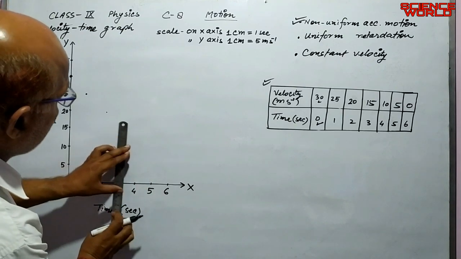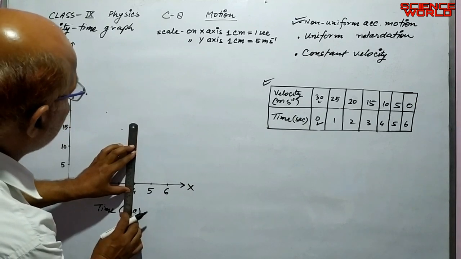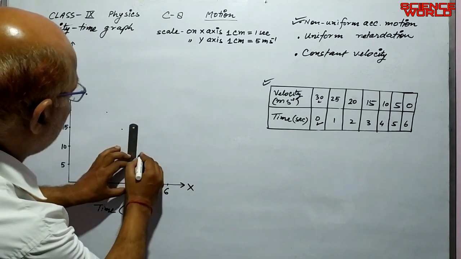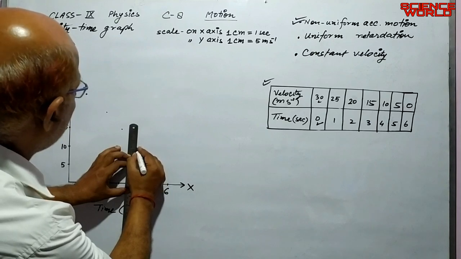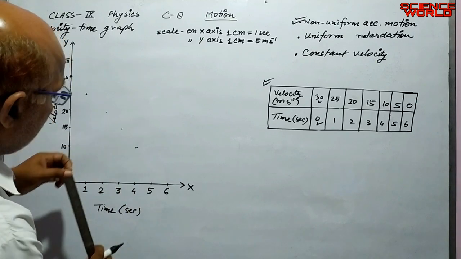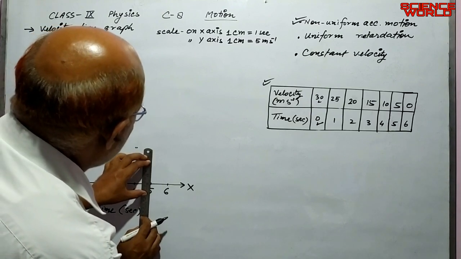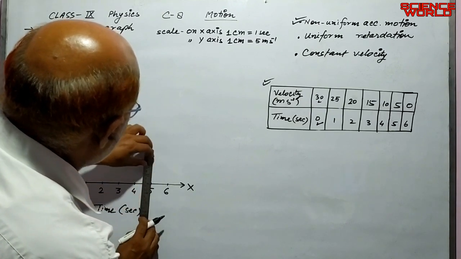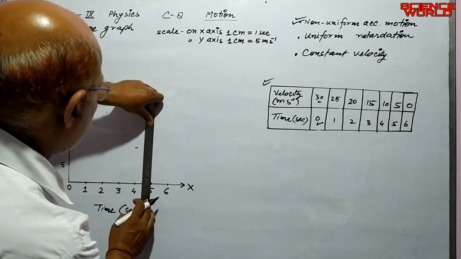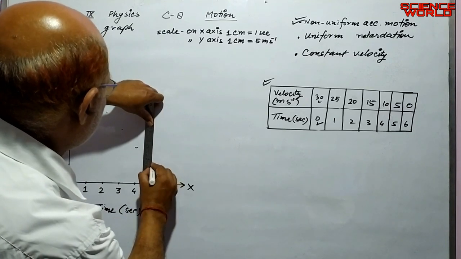When time is 4 second, the velocity is 10 meter per second, and when time is 5 second, the velocity is 5 meter per second.